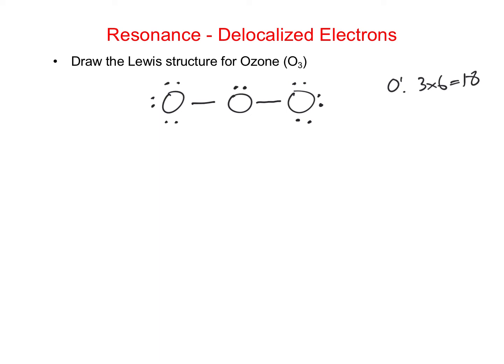And so in the previous video I said it doesn't matter which one I take it from. It turns out that's not exactly true. We could do it from either one. And so we could draw that Lewis structure, or we could draw this one.